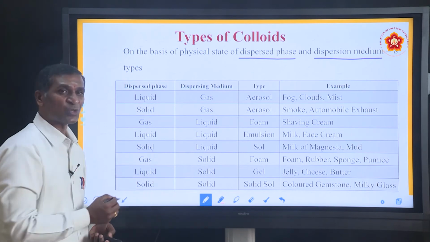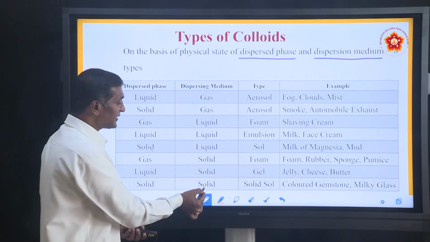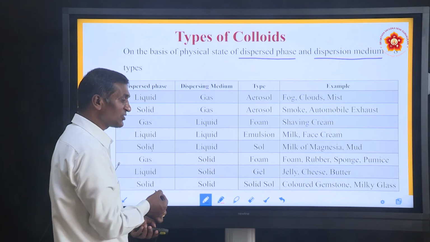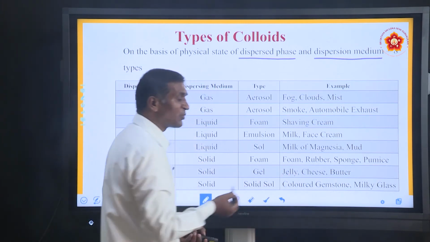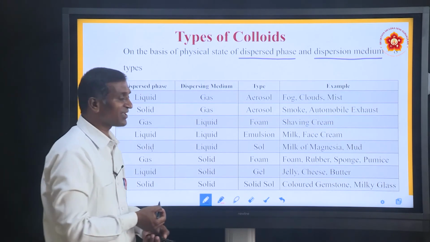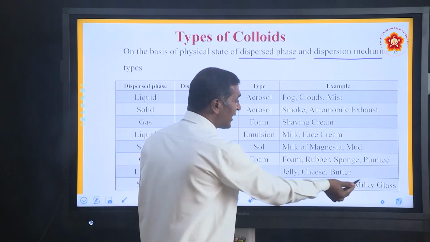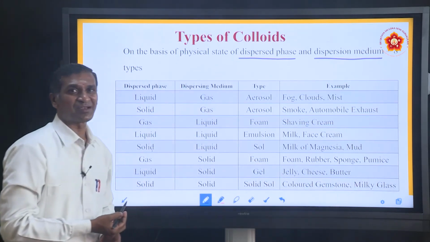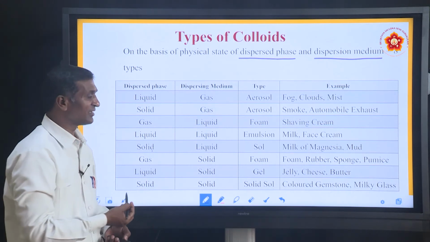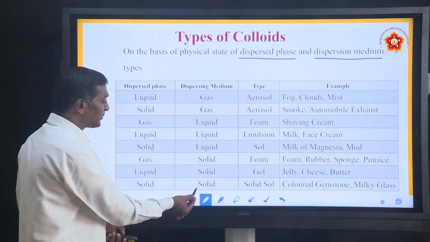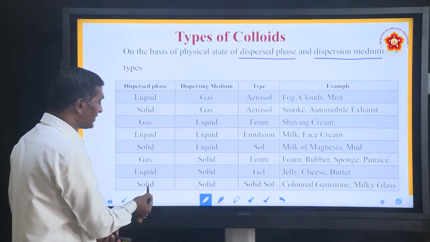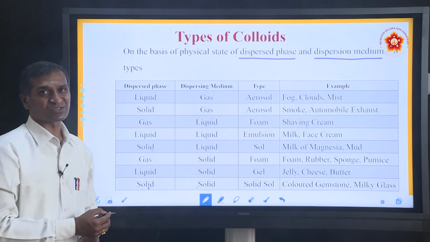Next, the dispersed phase is solid and the dispersing medium is solid, both are solids. Solid sol. Colored gemstones, the rings we use, the stones, and milky glass are all examples of solid sol, where both the dispersing medium and the dispersed phase are solids.